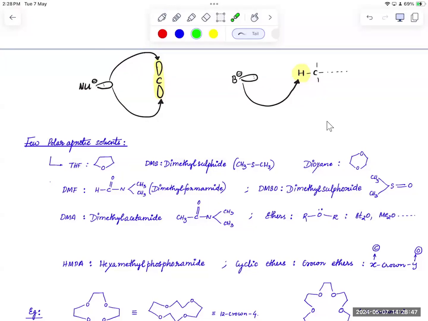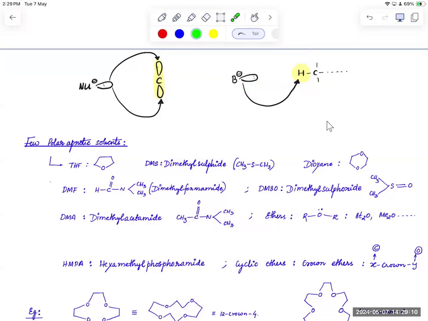So if you're using this Lewis base as a nucleophile, we expect it to have the right orientation also, so that it can make a bond with carbon. But a base does not require any orientation. It just needs to go closer to the hydrogen and it should be able to pluck it from any direction.